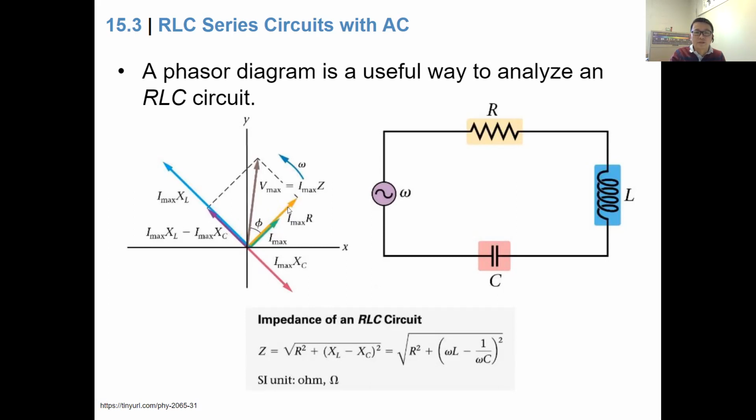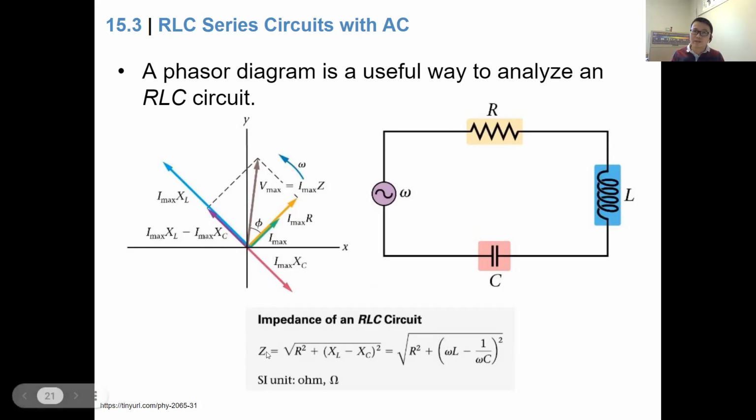So this one minus that one becomes the purple. Then the diagonal of this purple and this one makes the rectangle. So the square root of R squared plus XL minus XC, squared. You don't do XL plus XC because those two are always in opposite directions in the RLC circuit. So it turns out to be the square root of R squared plus omega L minus 1 over omega C, all squared, for Z, the impedance.